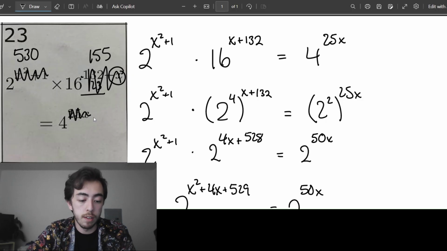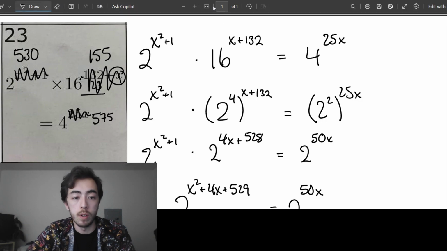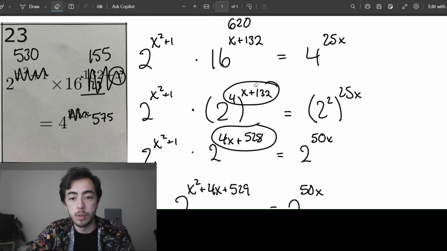So 25 times 23 is 575. And so this number right here was 530. This number here is 155, and we ended up multiplying it by 4. So I want to figure out what that is real quick. So that's 620. So this number right here turns out to be 620.